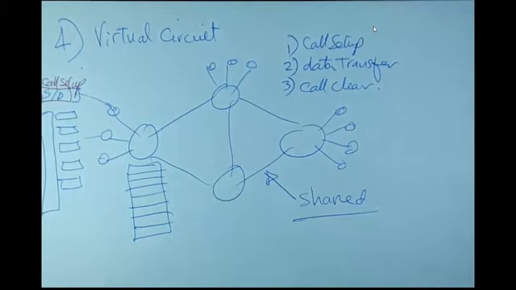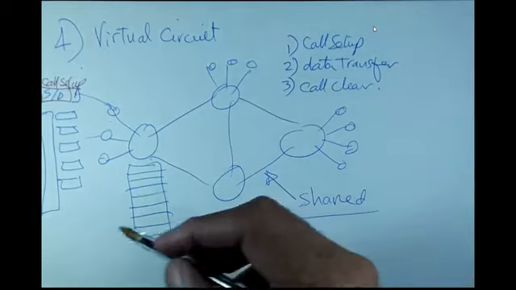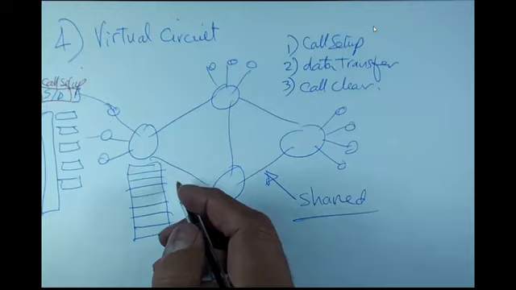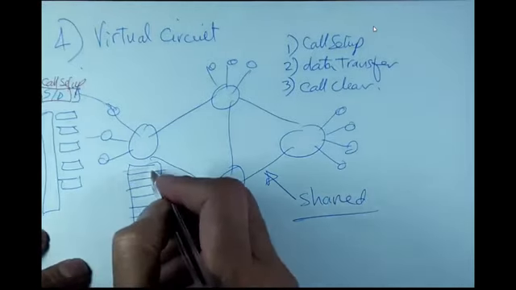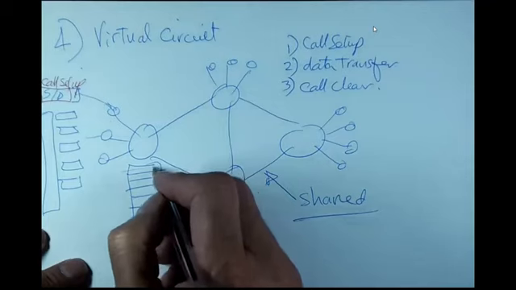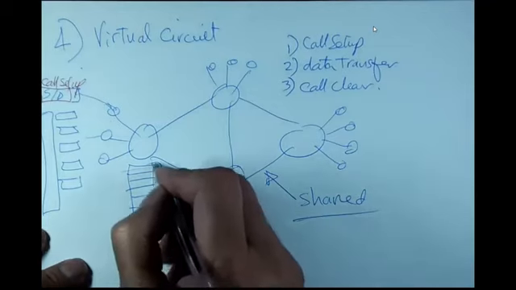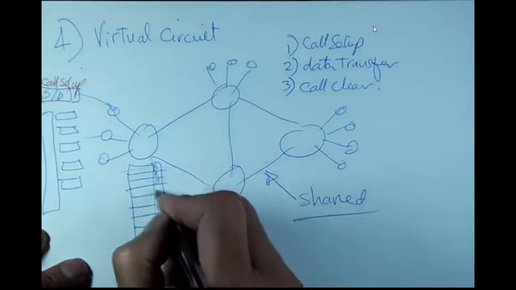How many calls a router can handle depends on how much memory it has and how much processing power. So it can handle 10,000 calls. You just take that as a number now. So it has a table of 10,000 records, and they're all indicating possible phone calls, and they're all either busy or free.